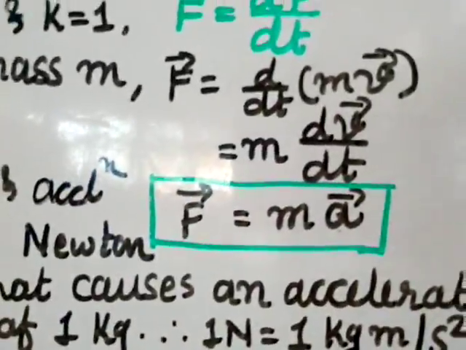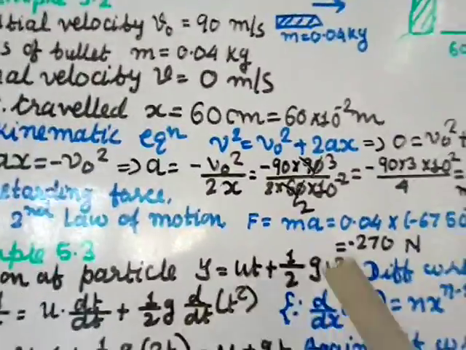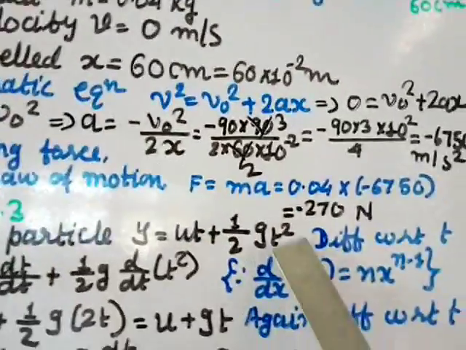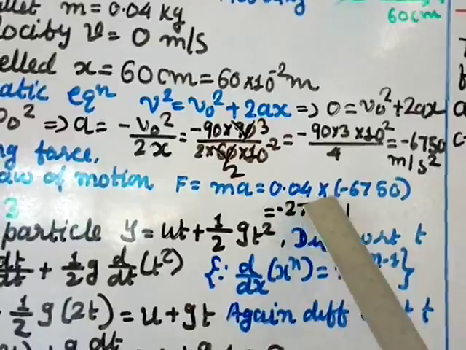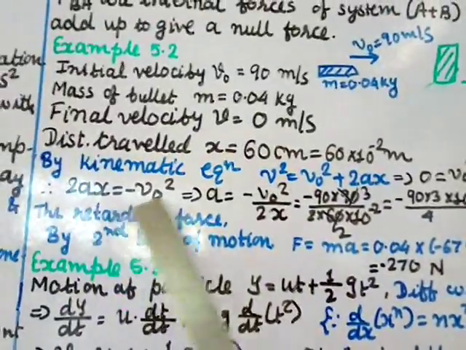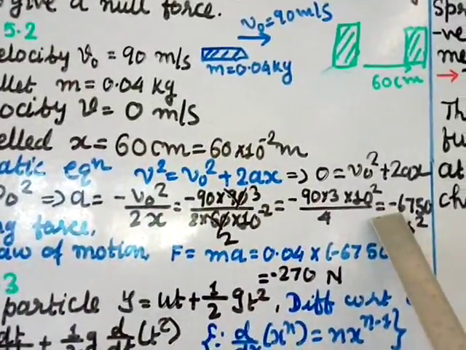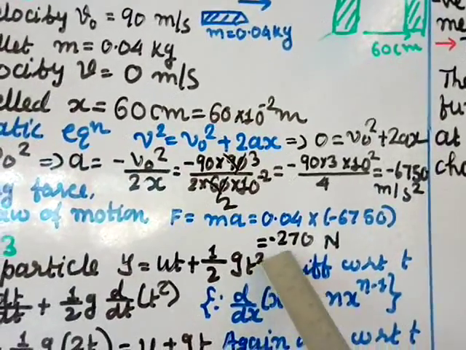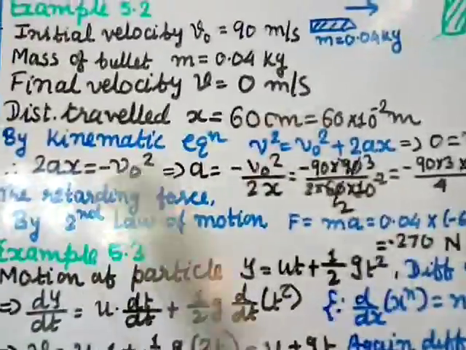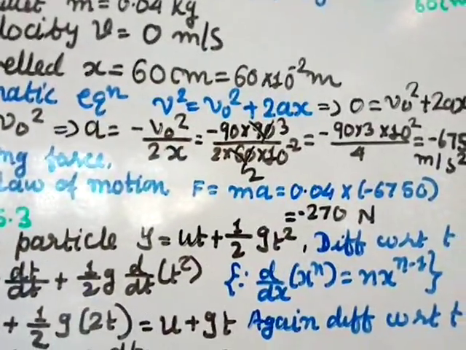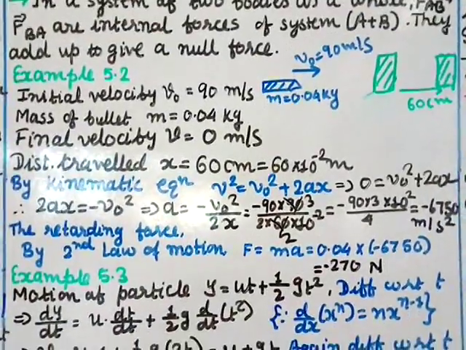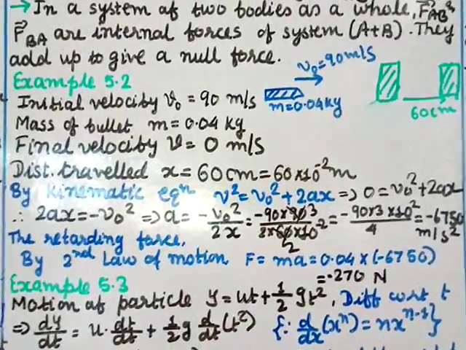So m is given as 0.04 kilogram, so 0.04 into a, the acceleration we found just now, minus 6750. Multiplying, you get 270 Newton. Since it is retardation, you can just omit the negative sign. Retardation means it is decreasing. So that is the solution for example 5.2.